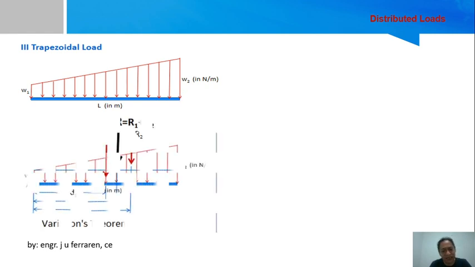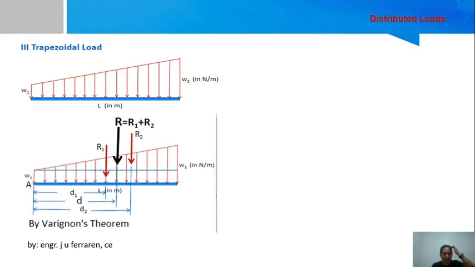So, it looks like this. Instead of having a trapezoid, if I consider directly the area of the trapezoid, the difficulty is that we cannot locate our R exactly as to its location. That is why I try to break them into parts where I have a rectangle and a triangle.